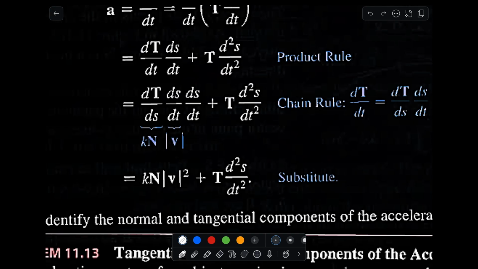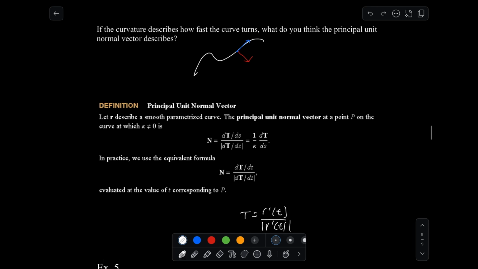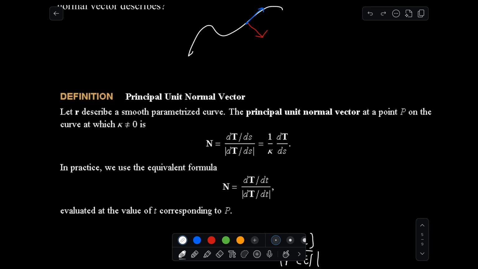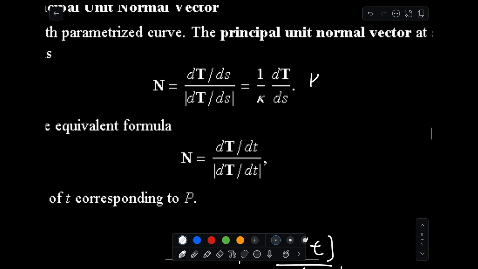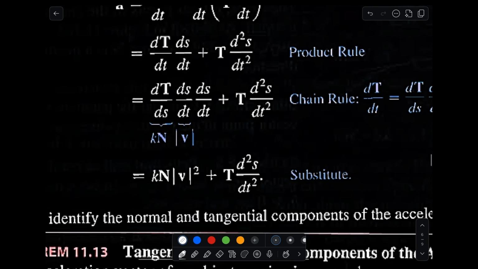This kappa n kind of comes back from our unit normal vector definition from above. So kappa times n equals the change in your unit tangent vector, or your change in arc length. And that's just applied right here. And then this is what you get for your velocity squared.